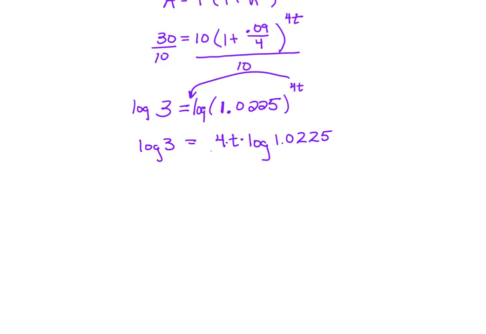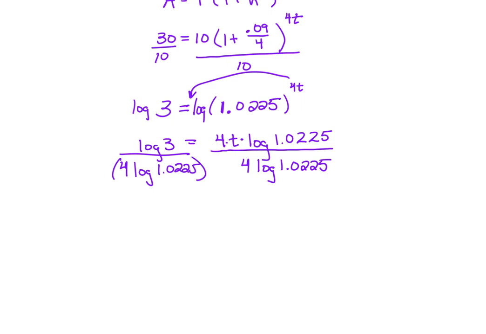And in order to get t by itself, well, we need to divide by the 4. We also need to divide by the log of 1.0225. And so that's what we're going to do. We are going to divide both sides by 4 log of 1.0225. And again, when you put this in your calculator, make sure that you do have that in parentheses.